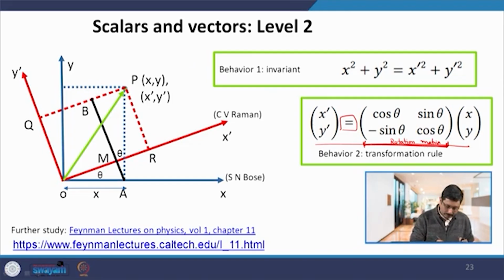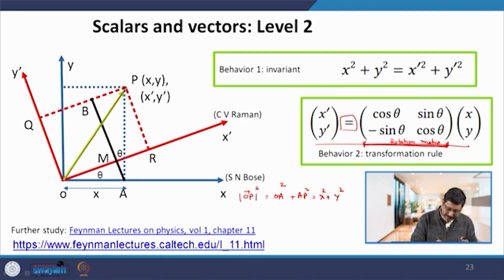Now, if I look at the distance from point O to point P, this distance is represented by the length of this side OP, and OP square is equal to OA square plus AP square. So, OA square is x square and AP square is y square.